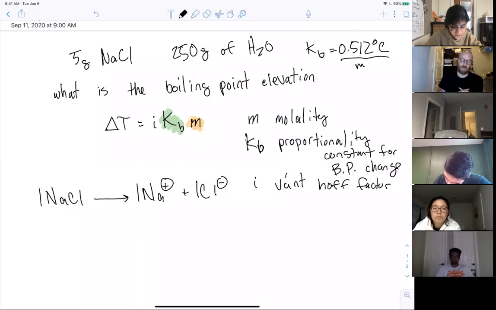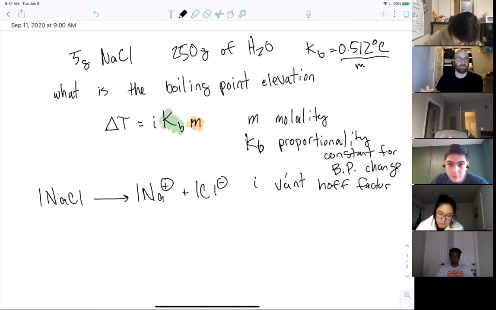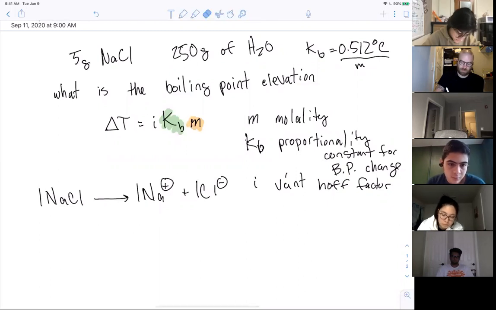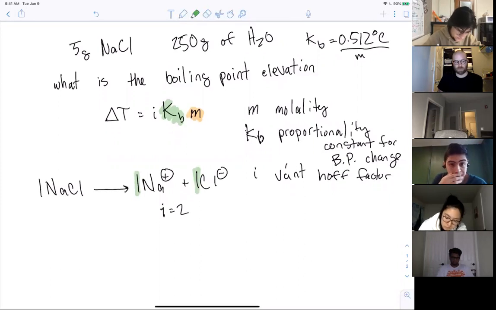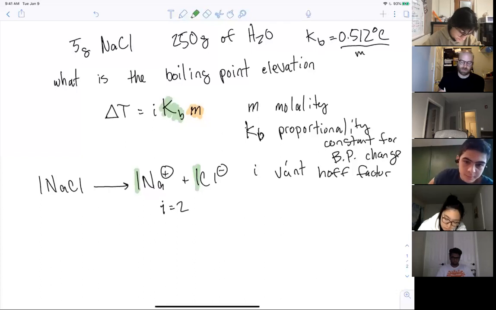So we have 2 molar overall, and for here, i is going to be equal to 2. So i is essentially just the sum of the coefficients of whatever the ionic reaction is. And that's what we're going to plug in for this value here.